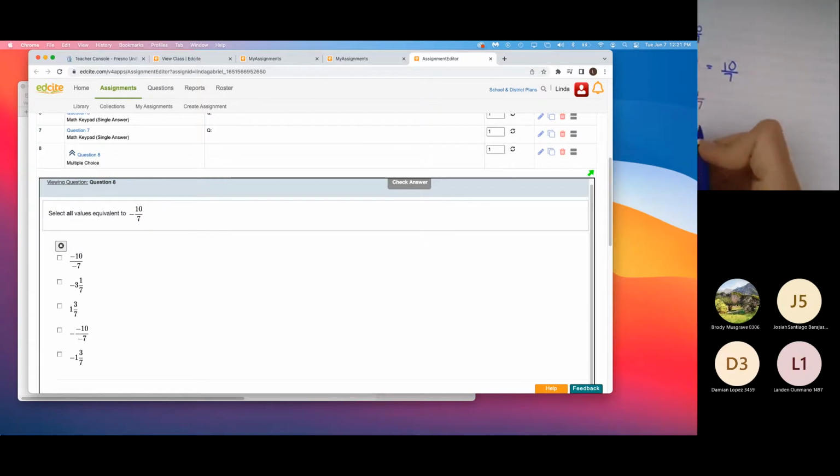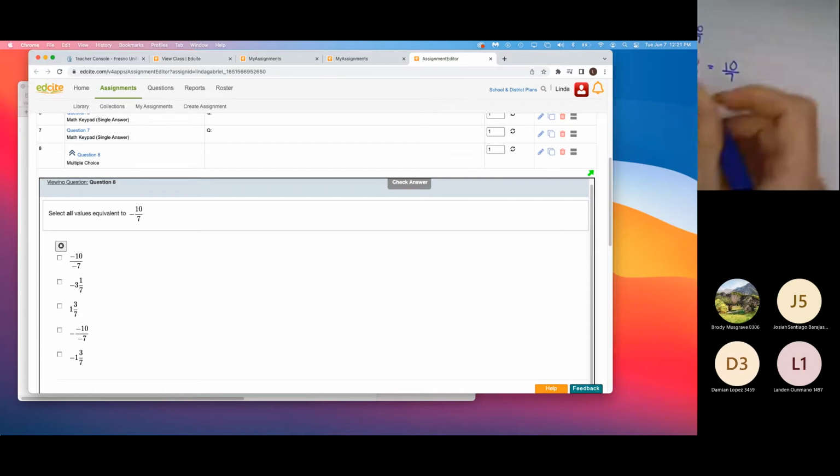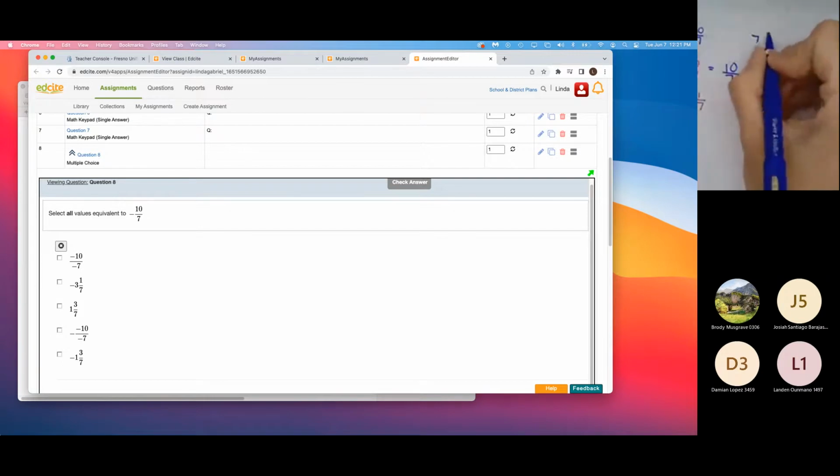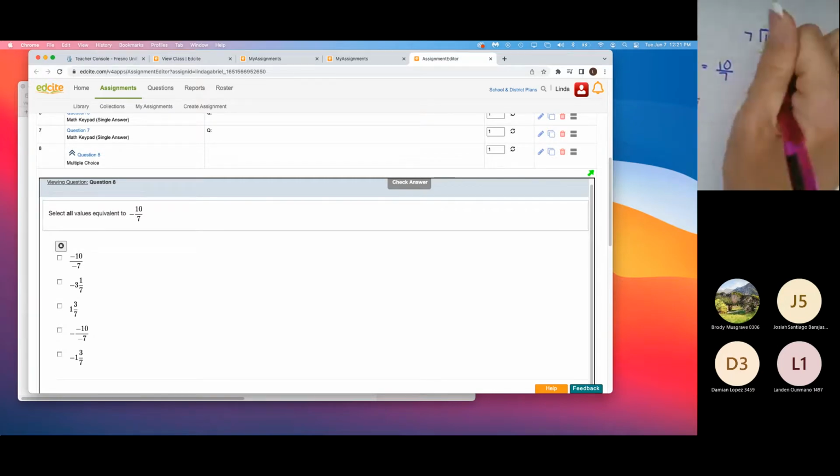If I have 10 over 7, it will look like 7, division sign, 10, right? I'm going to do 7 into 1. That will give me 0, right? And we're going to do one of these again. I drop the 1, and then I need to drop down my 0. 7 goes into 10 one time, 7 times 1 is 7.